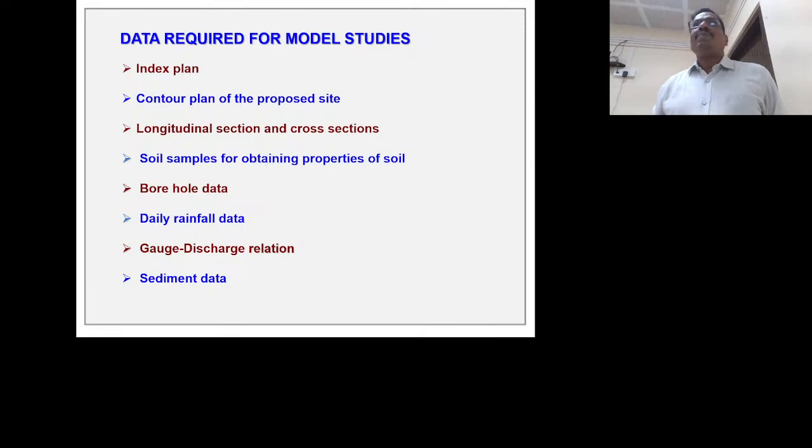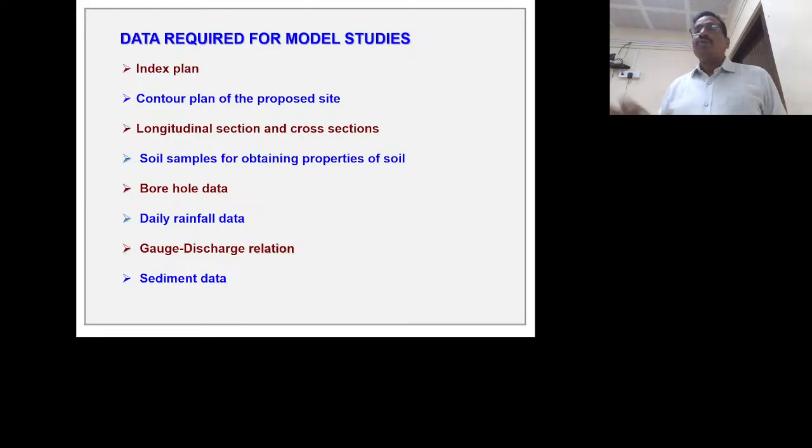As in the mathematical model, you have seen the longitudinal water surface profile. Like that, longitudinal section and cross sections are also important in physical and mathematical modeling. Soil samples for obtaining properties of soil near the hydraulic structures. We need the F value, silt factor value, and pi value to design these structures.